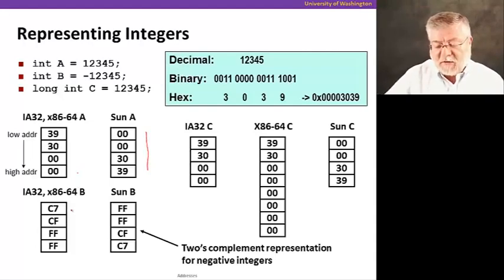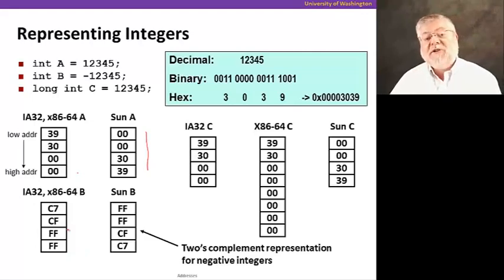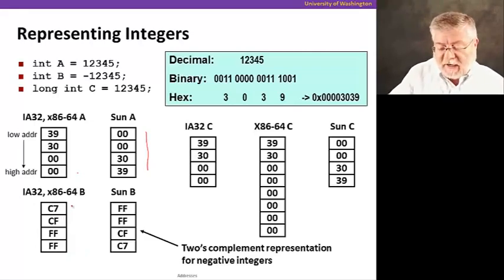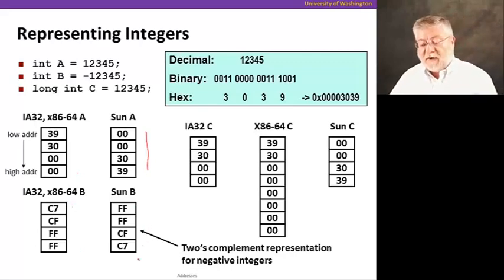For a negative number, and don't worry about this right now, this is the number minus 12345 represented in 2's complement notation, which we'll get to a bit later. But again, the least significant digits are represented first, while in big endian it's the other way around.